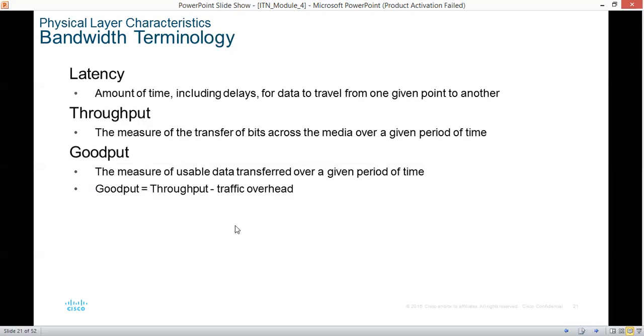So these are more or less a kind of small calculation. But remember that goodput is the usable data transfer over a given period. That means you're not looking at the overall size of the data, but rather the usable one. So when you subtract the traffic overhead from your throughput, you get goodput. And the throughput is the actual measurement of the entire capacity of that bandwidth, that is, what the entire network can carry.